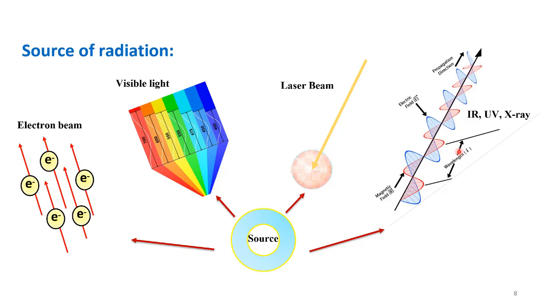Then we have other electromagnetic radiations other than visible light, that is IR, UV, X-rays, and we can also use electron beams to focus on our object or sample, similar to the light one. In the optical microscope we use lenses, and in the electron beam microscope we use a magnetic lens. So the difference is only in the lenses used to focus the beam.